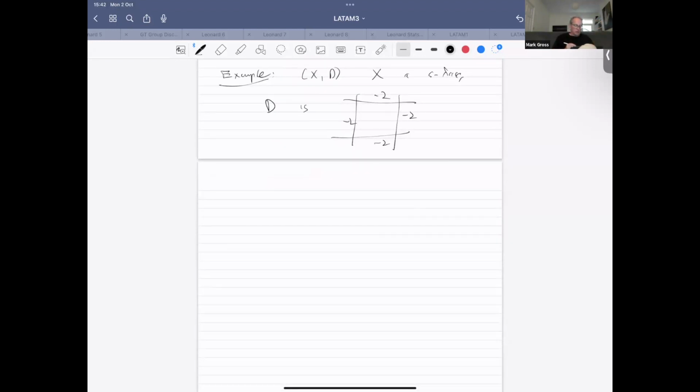And what this looks like, if you start with one of these curves, I'll draw it vertically.